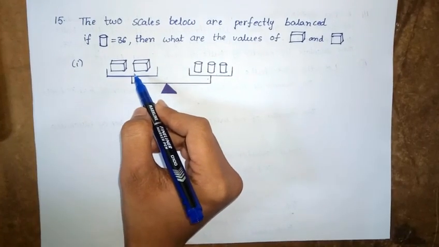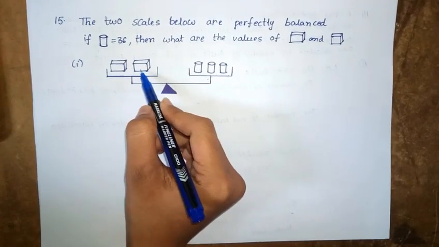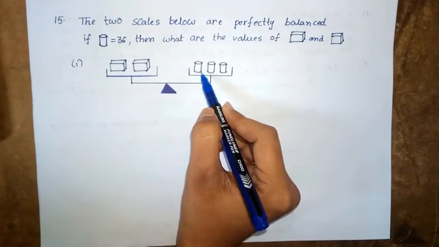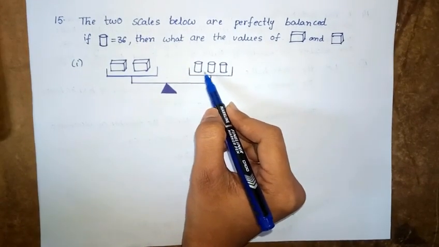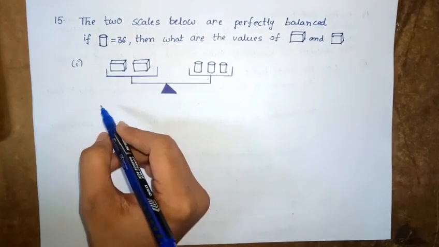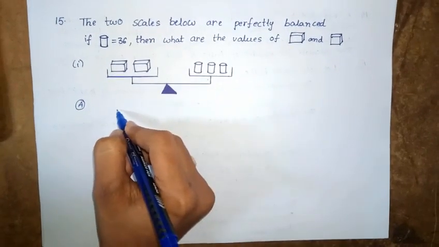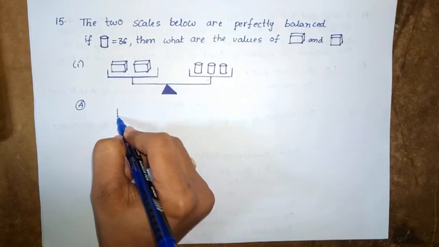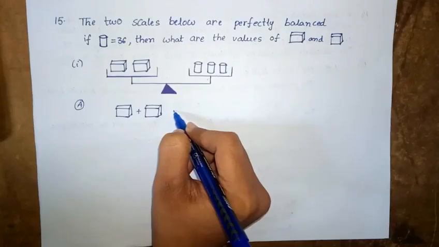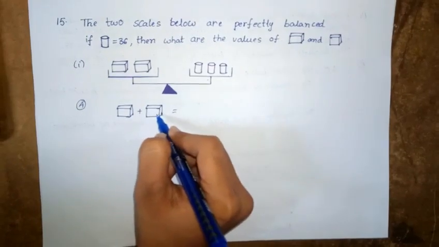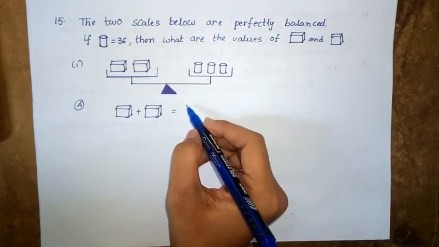On the left side of the balance, two rectangles are there. On the right side, three cylindrical shapes are there. So both are equal. The two rectangles are equal to three cylindrical shapes.